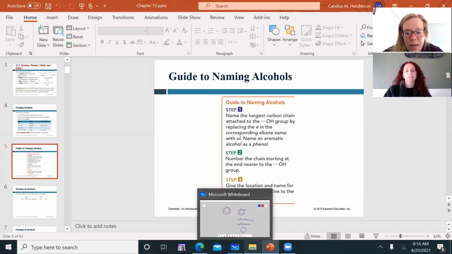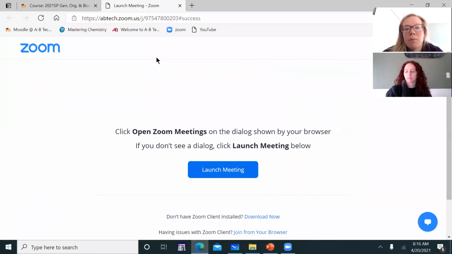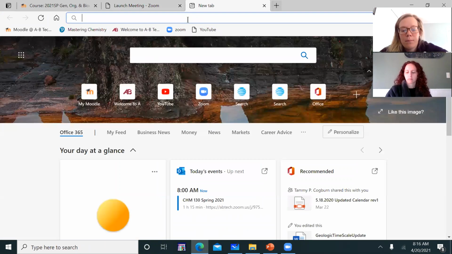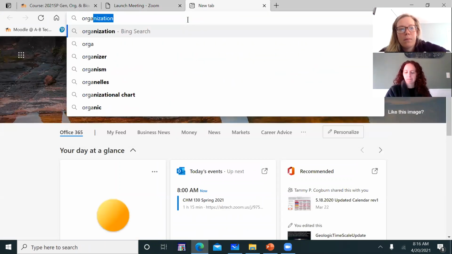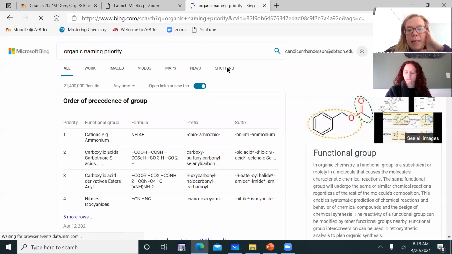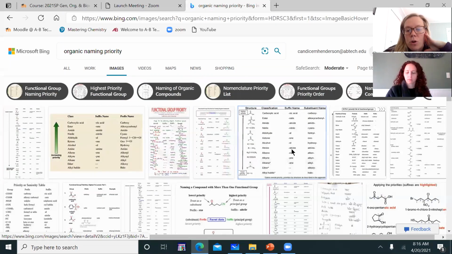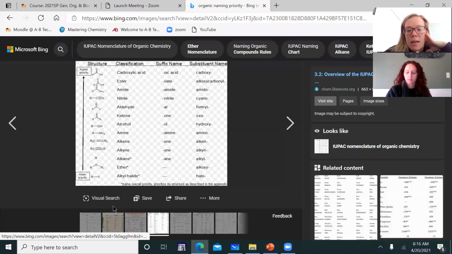I don't think I have one embedded in the Moodle slides, but you can look them up pretty easily. So let's type in something like organic naming priority. And there's all sorts of images that will show you what is the least important to the most important.